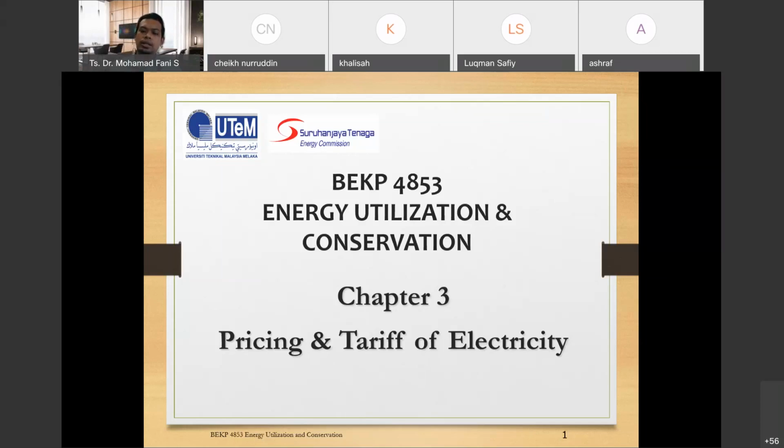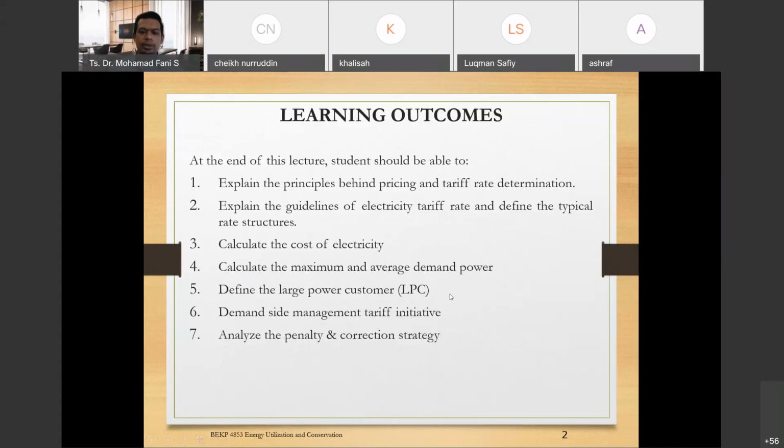And this chapter also covers the demand.